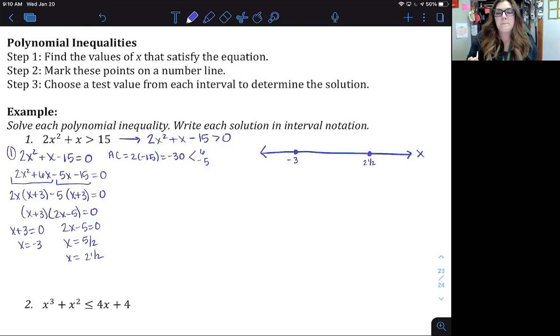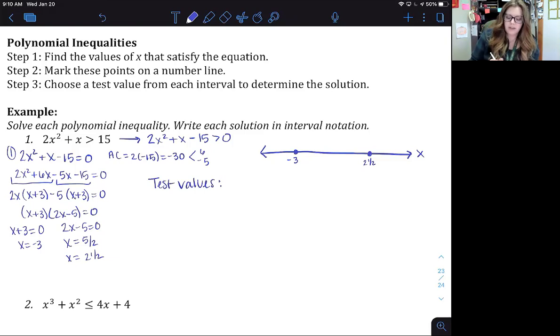All right, so now we need to figure out what's happening. So this is an instance where you can either graph your function and determine where it is above the x-axis or below, or we can just find test values and plug them in. I'm okay with you doing either method, but we're going to do the test values.